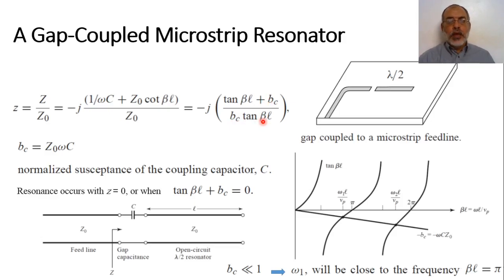Effectively, when the resonator was an open circuit transmission line, we were looking for the roots of the cotan beta L. And the roots of the cotan beta L in this case correspond to the resonance of a parallel RLC circuit.